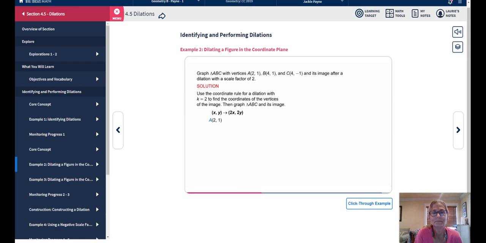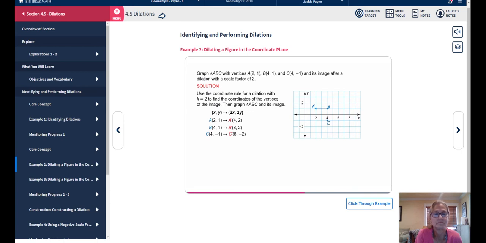Point A (2, 1) maps to the point A prime (4, 2). Point B (4, 1) maps to the point B prime (8, 2). And point C (4, -1) maps to the point C prime (8, -2). Graph triangle ABC with vertices A (2, 1), B (4, 1), and C (4, -1).